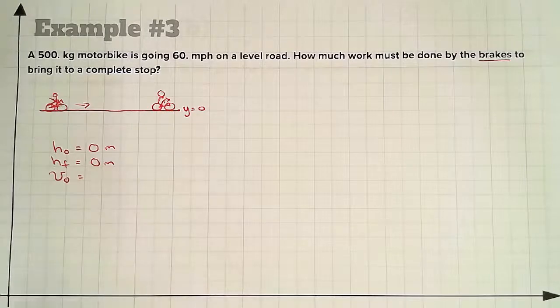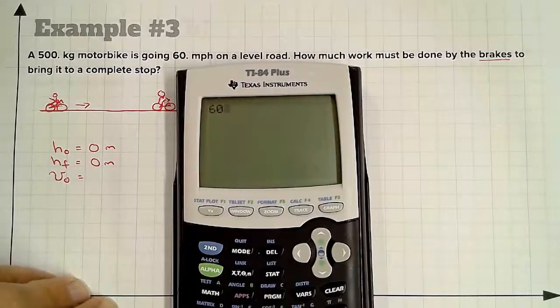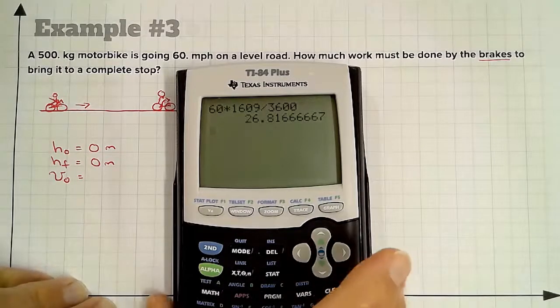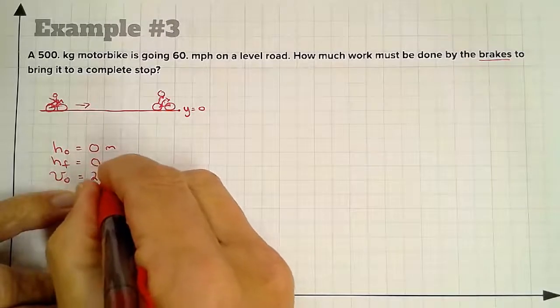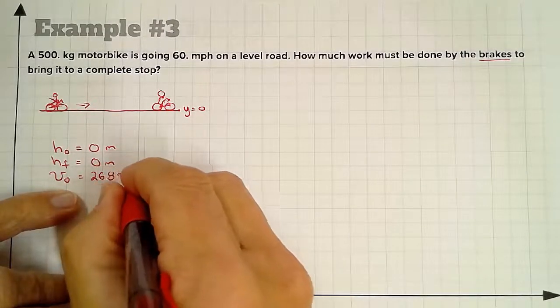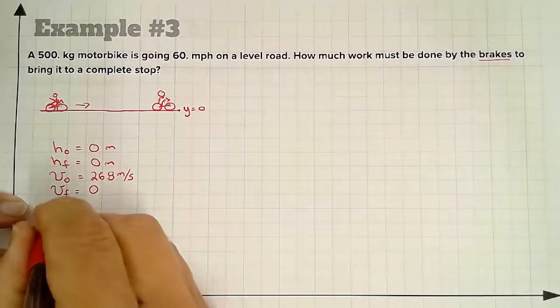If we convert 60 miles an hour to meters per second, we multiply by 1609 to get meters per mile, and then we divide by 3600, and we get 26.8. So the initial velocity is actually 26.8 meters per second. The final velocity is 0 because it comes to a rest.